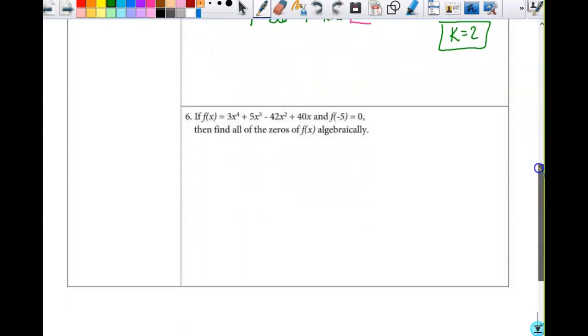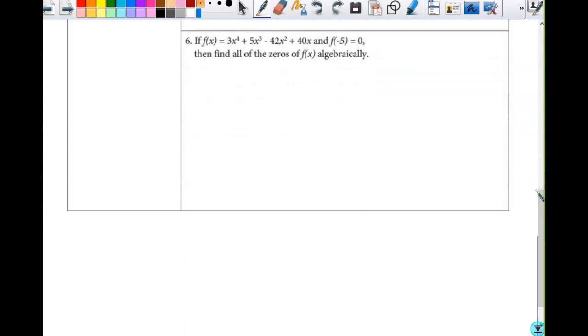Okay. All right, so let's look at number 6. It says if this polynomial, no k in there, and f of negative 5 equals 0, then we want to find all of the zeros of f of x algebraically. Okay, so one way to find the zeros of a function is to factor, but factoring by grouping is not going to work like that.